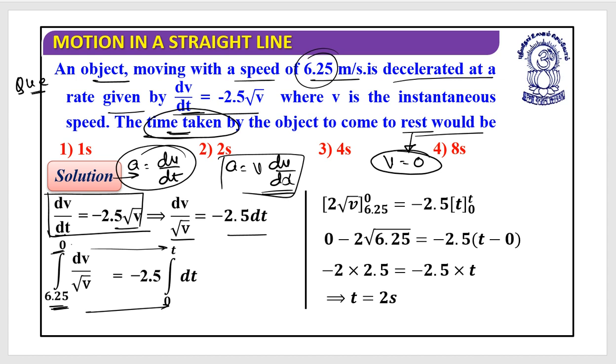If I integrate this, it is equal to 2 root of v from 6.25 to 0. This is equal to minus 2.5 into t from 0 to t. Let's put in the values, and if I solve this, the time is equal to 2 seconds. Within t equal to 2 seconds this will happen.